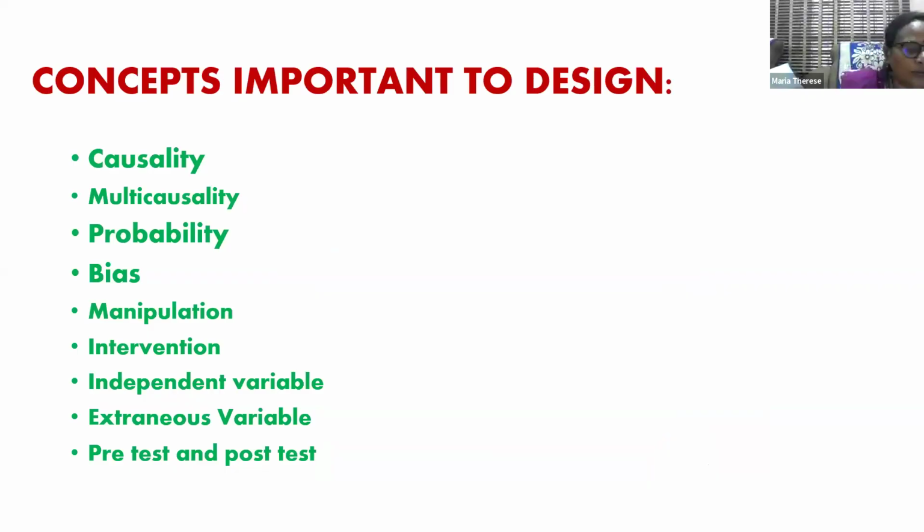For example, a patient's recovery from surgery might depend on nutrition, physical therapy, emotional therapy, or medications, but all are acting together for the purpose of one outcome. This is what is called multi-causality.